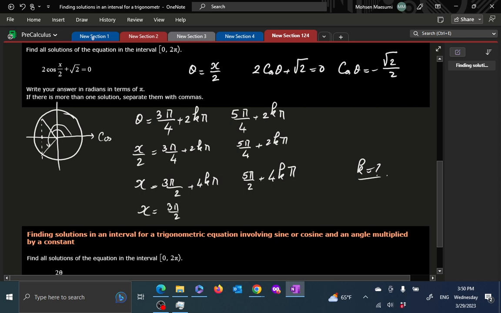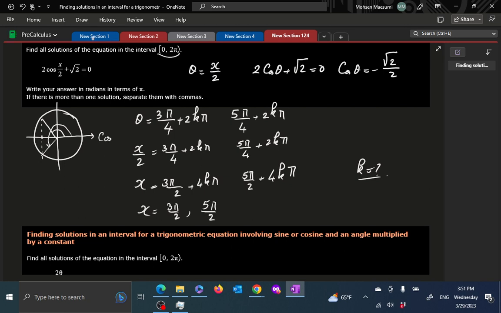I can neither add 4 pi to it nor subtract 4 pi from it and get something in the acceptable range. So that all stays here. In the same way, 5 pi over 2 is already exceeding 2 pi, so this is also out.